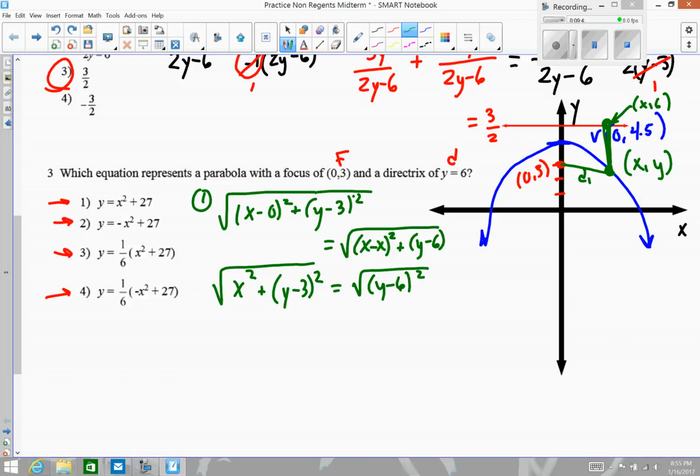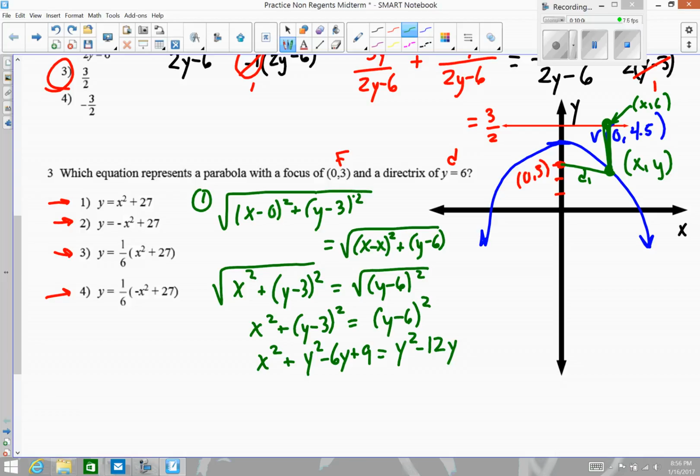So if I square both sides, then I get x squared plus y minus 3 squared equals y minus 6 squared. And I want to go ahead and multiply these out. I'll get y squared minus 6y plus 9, and y squared minus 12y plus 36.